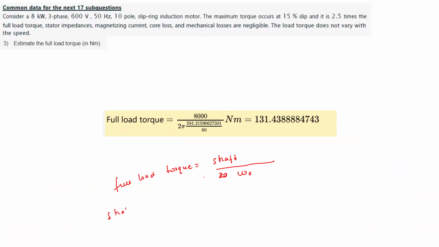So what is shaft power? We know shaft power is basically the gross mechanical power minus the mechanical losses.